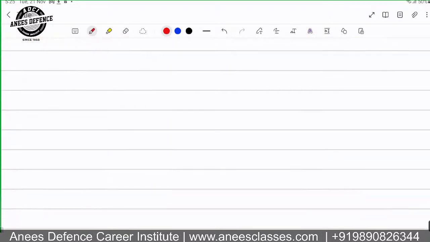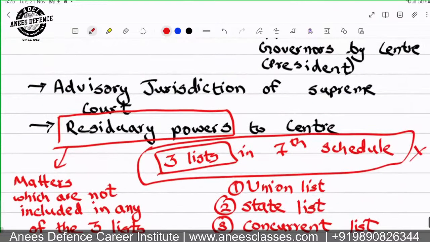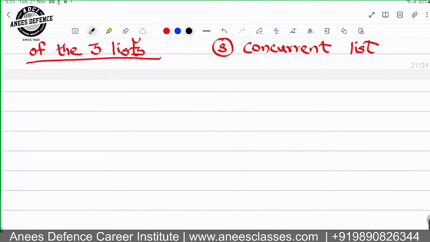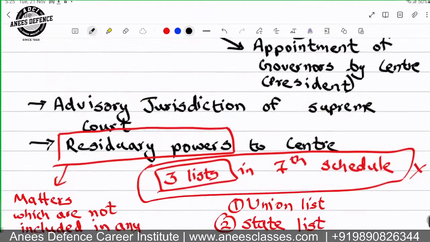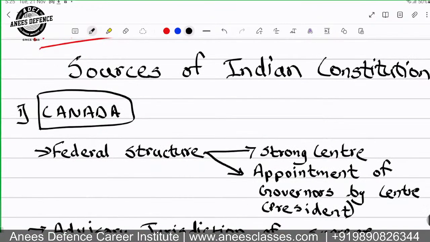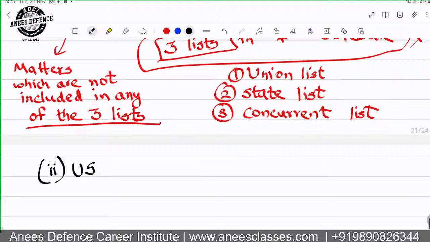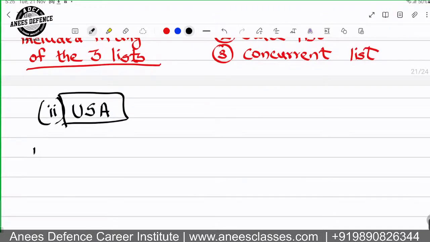Now, first we have seen about Canada. Next, we will see about USA. From the USA, we have adopted Office of the President.